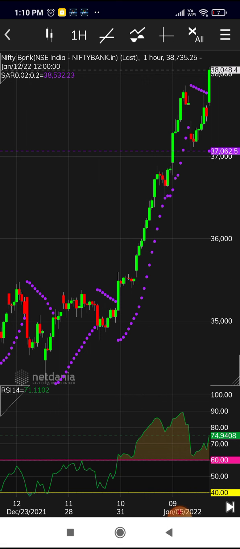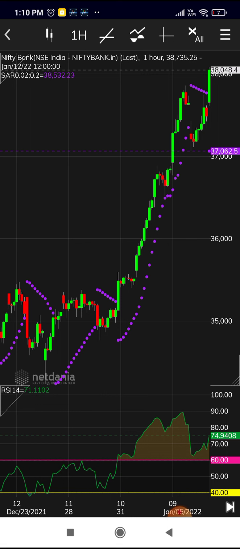The closing price of the candle is 38,048, and RSI is obviously above 60. It is at 74.9. So now you can re-enter. In fact, you could have re-entered when the price went above the previous dot. But even if you are entering now, the entry price is 38,048.